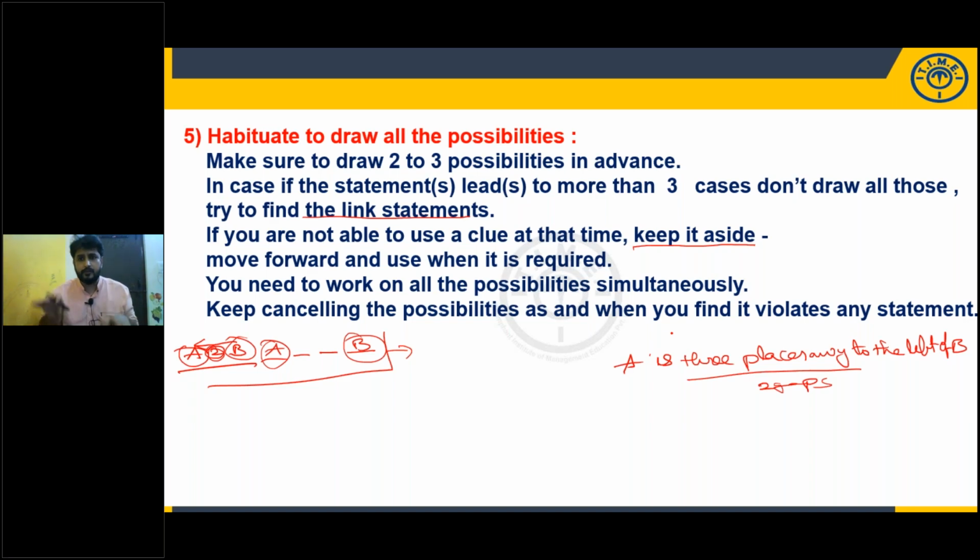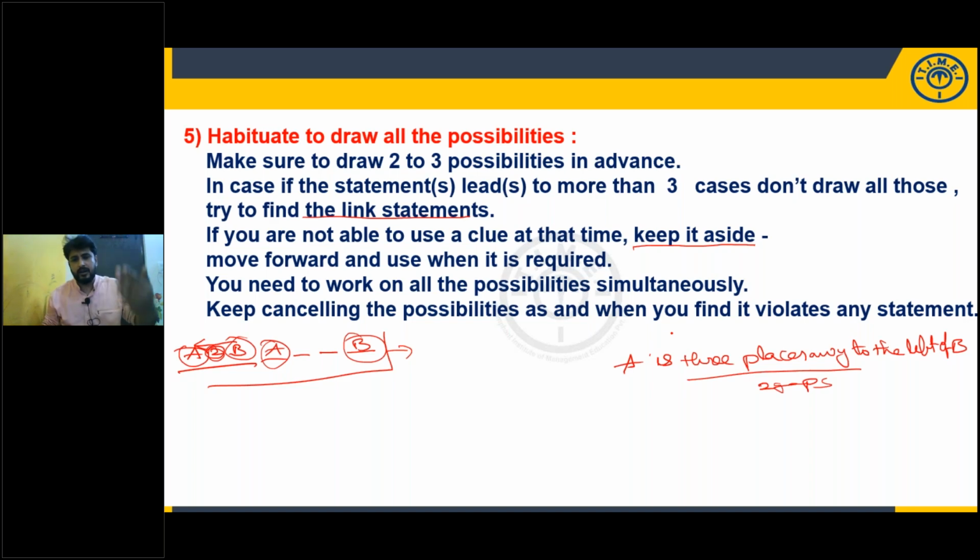You have to work on both the possibilities simultaneously. Sometimes more than one arrangement can be possible for that particular puzzle. That's why we have to work on both the possibilities simultaneously, because we will be going through the clues at once, so you can draw both the possibilities.